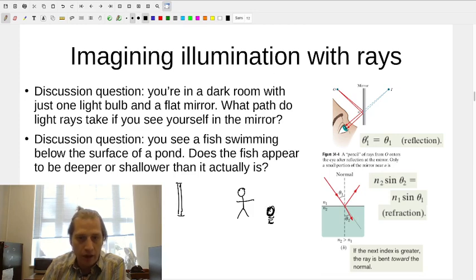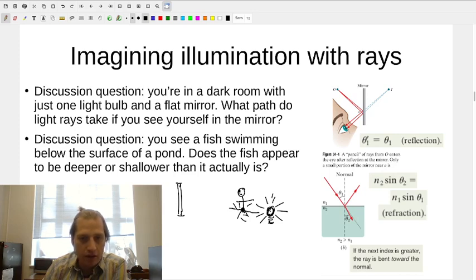Well, the light that you're seeing is the light that hits your eyeball. The light initially is going out in every which way out of this bulb, and some of that light hits you. Okay, and it's just whatever light happens to hit you. Now, that light hits you and it scatters off in every which way. But let's say that you are seeing your tummy with the mirror.